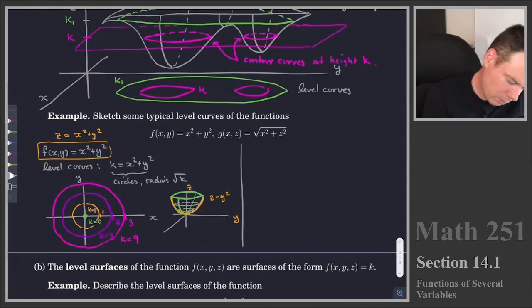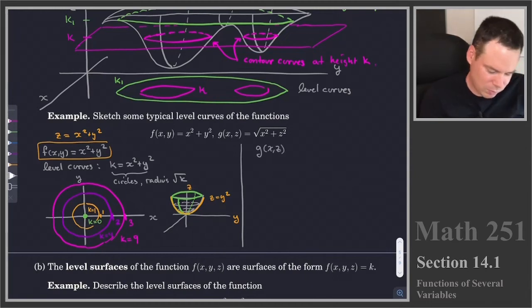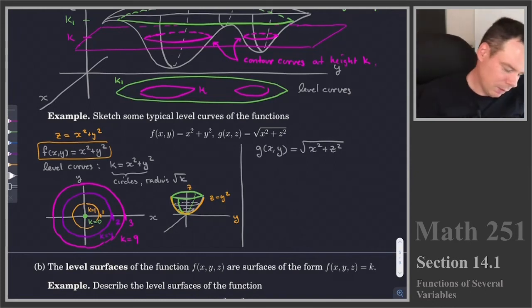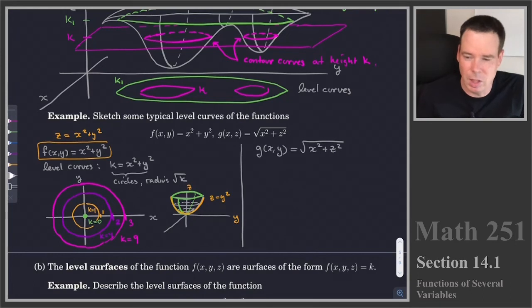Let's look at the next one. G of x, z. There was really no reason for me to switch from y to z. Actually, why don't I just switch back to y? It's not really going to make any difference. Part of it is that when I'm looking at level curves, I've got 2 input variables, and I'm just saying the output is the k.